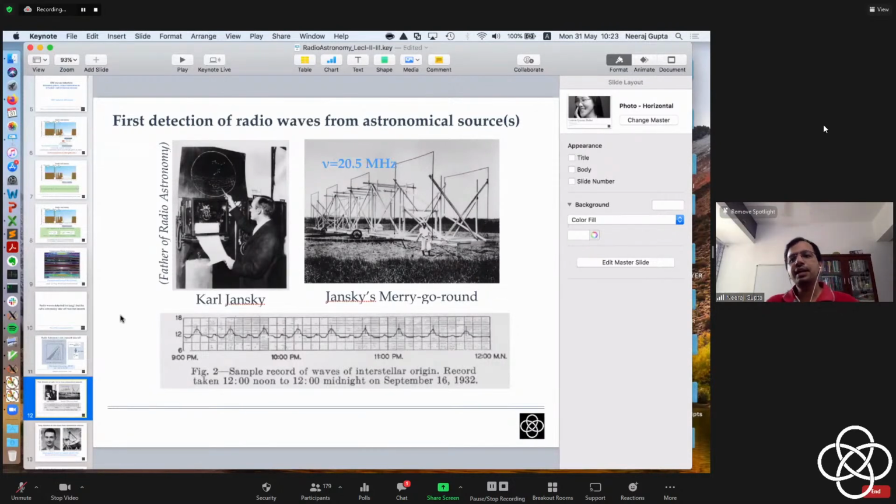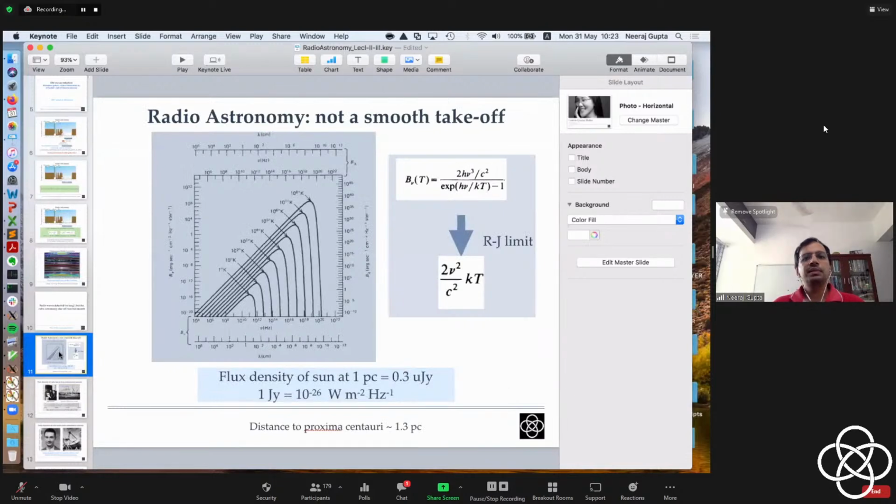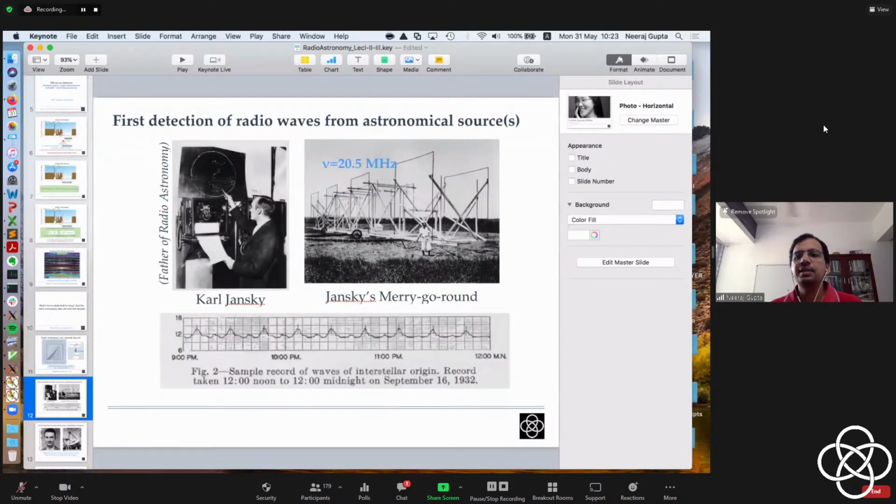And the major understanding at that time was that the objects in the sky are actually black bodies. This is the physical process through which they emit radiation, so this is the kind of spectrum they would emit, right? This was the astrophysical understanding of objects at that time.